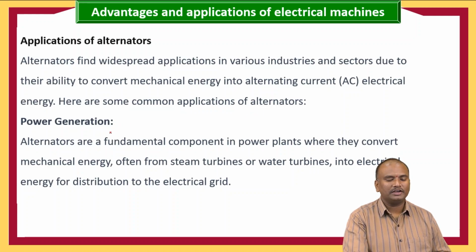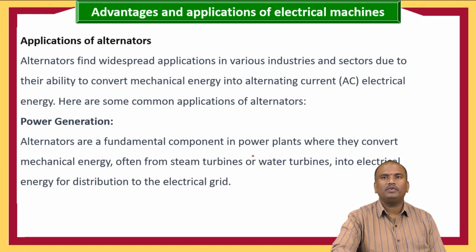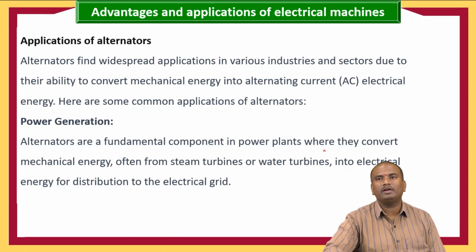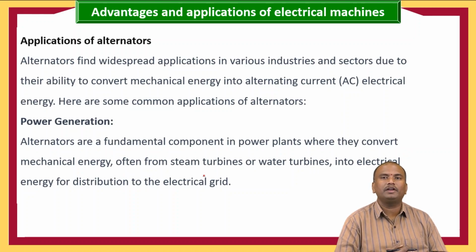The main application is power generation. Alternators are the fundamental components in power plants, where they convert mechanical energy, often from a steam turbine or water turbine, into electrical energy, and that is connected to the electrical grid.